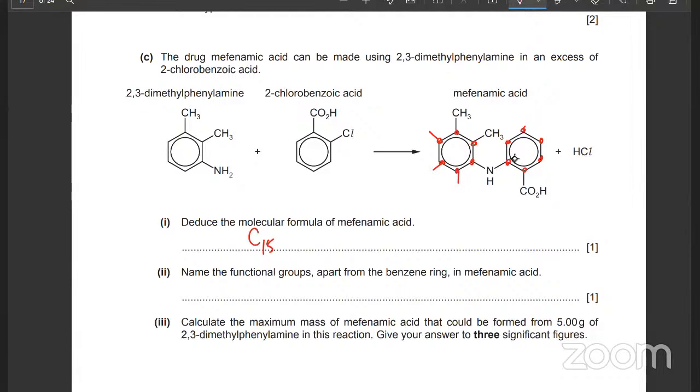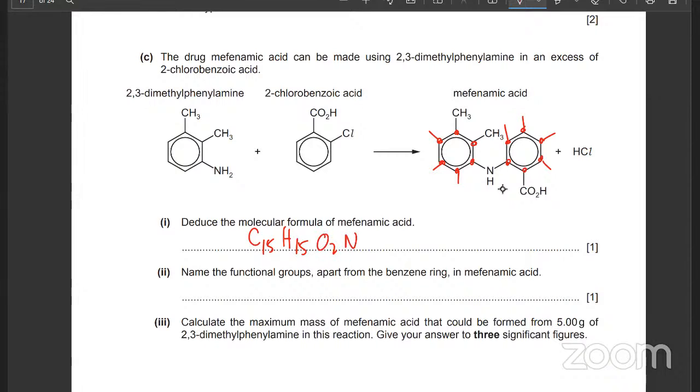Counting them gives H15. Then you've got an N and two oxygens.